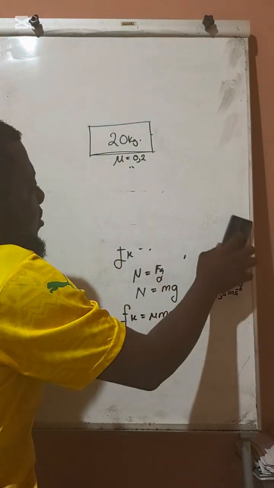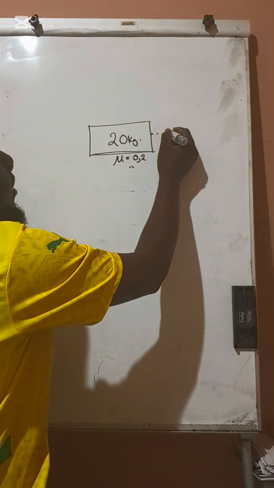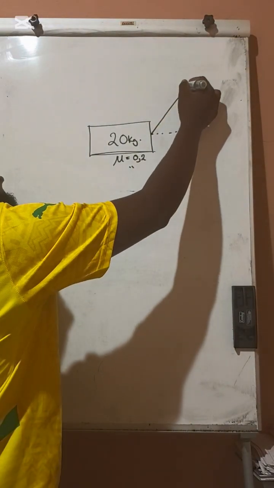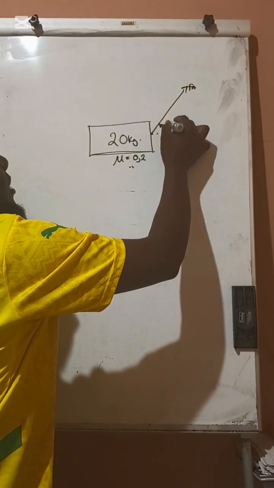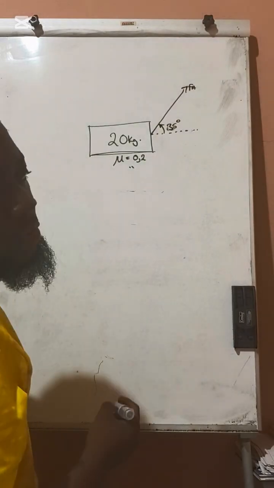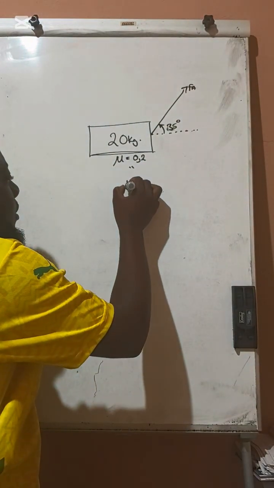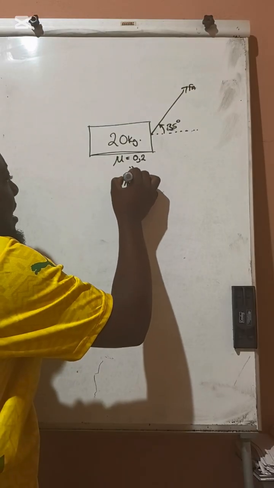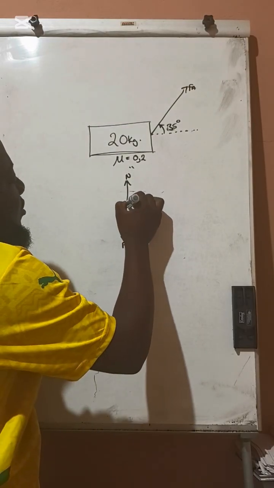In the second scenario, our force applied will be at an angle. You have a force applied here, which is now maybe at 20 degrees, or let's say 35 degrees. So when you come up with your free body diagram, we have the normal force as usual, and here we have Fg, the weight of an object.